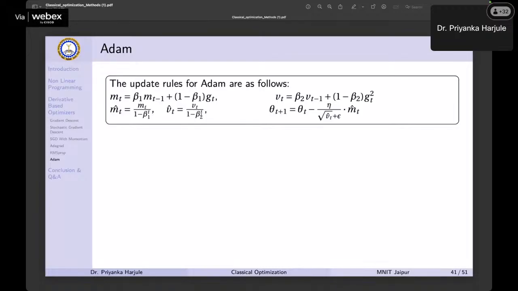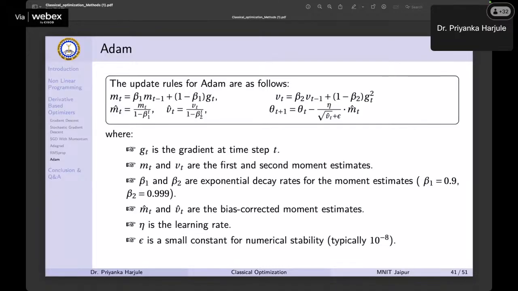Then you calculate using the statistical formula, and you will arrive at the fact that E of m_t, the expected value of m_t, is going to give you mu times 1 minus beta 1. That is why this correction factor has been added in both the terms. Similarly, you have the correction factor in v_t also.